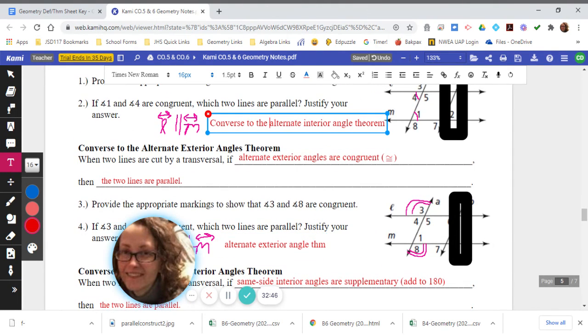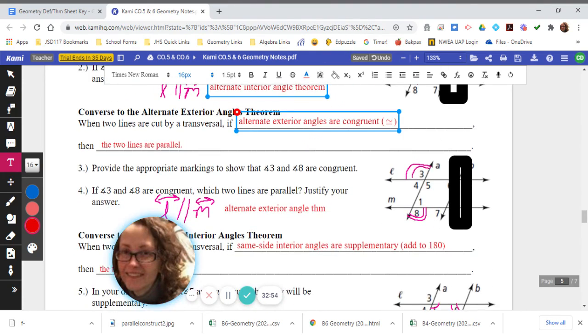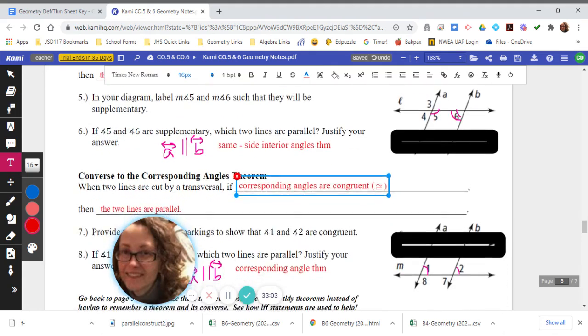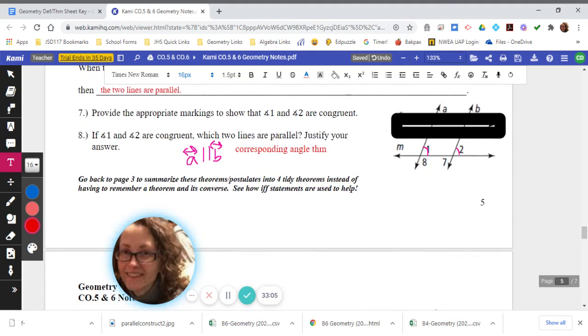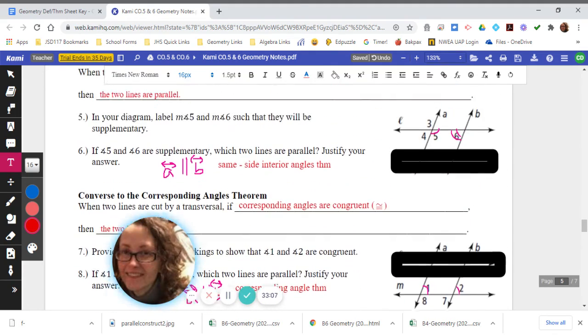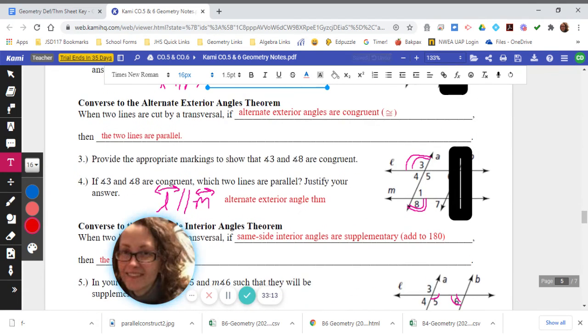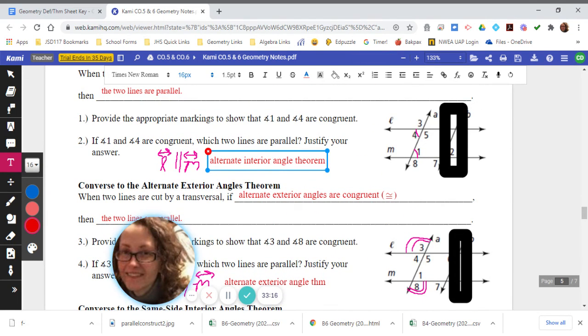Because now that I have these as if and only if statements, I don't have to worry about which one's the converse and which one's the original. So that was the whole point of writing them as if and only if statements, is that that part was made even just a little bit slightly easier for us. But we're going to get more practice with all of this multitude of information here in the next video.